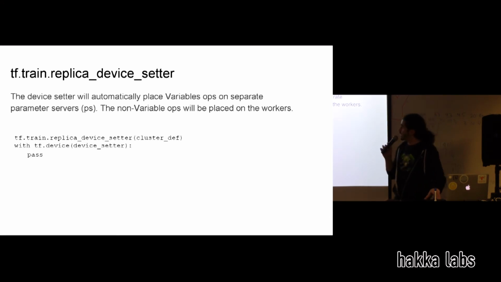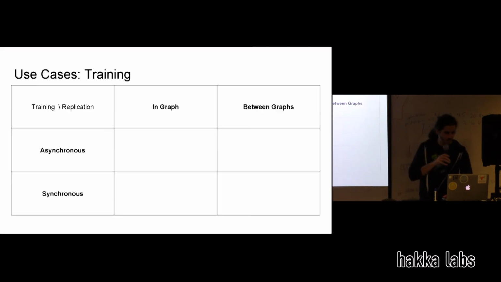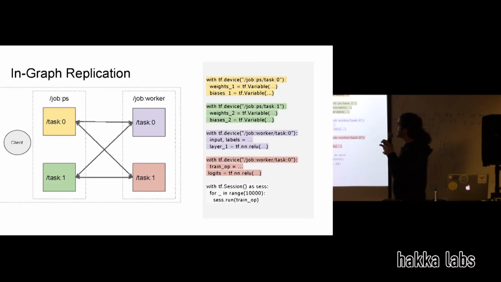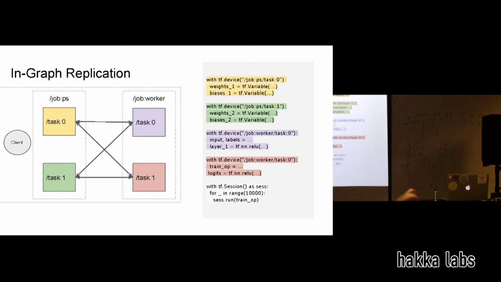This is another handy tool that you can use. As I said before, you can specify exactly where each variable is in the graph. Okay, so this is our cluster.